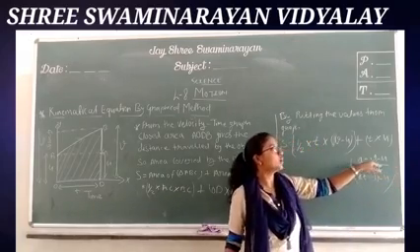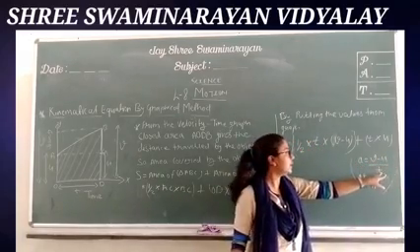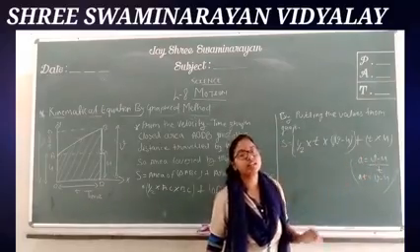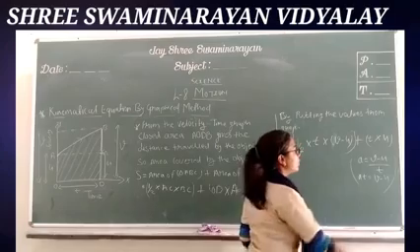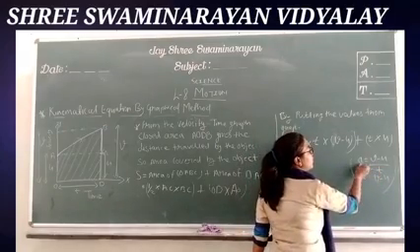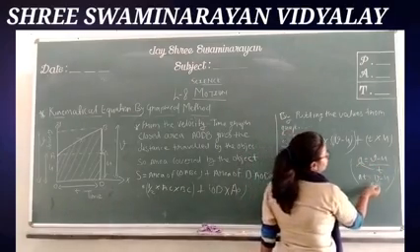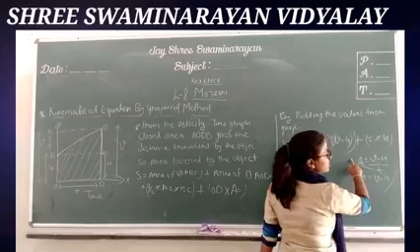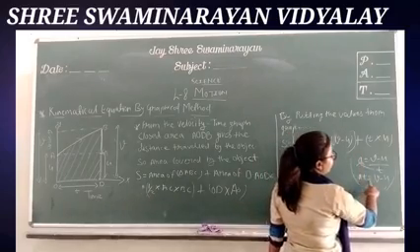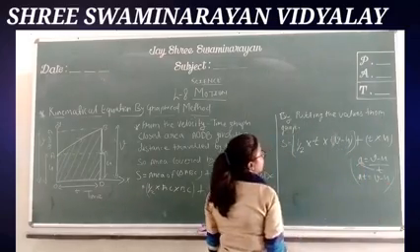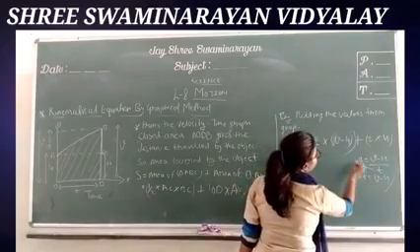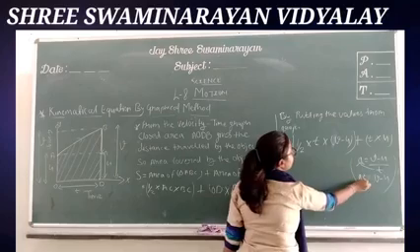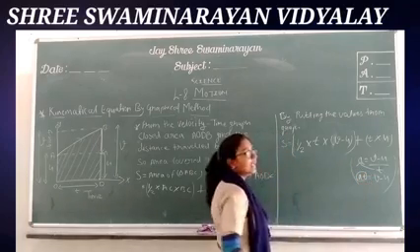To find V minus U, we have to rearrange these terms. So T will be multiplied by A on the other side, then AT is equal to V minus U. So instead of V minus U, we can write AT.